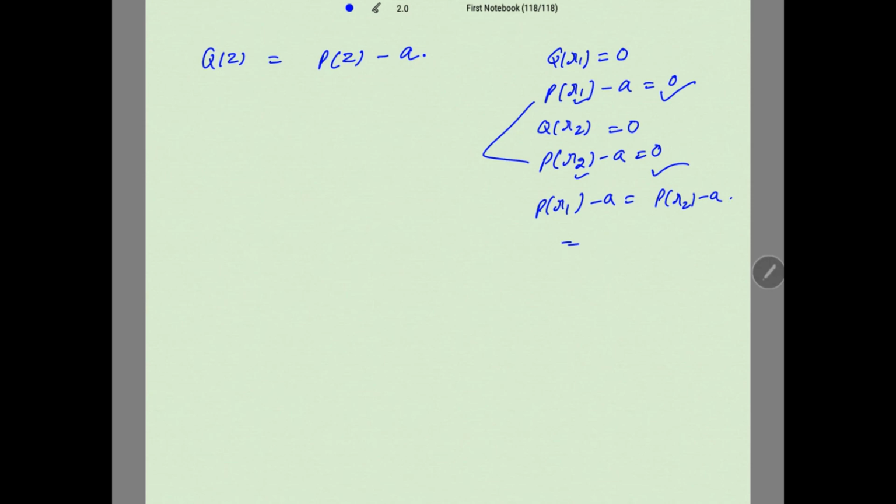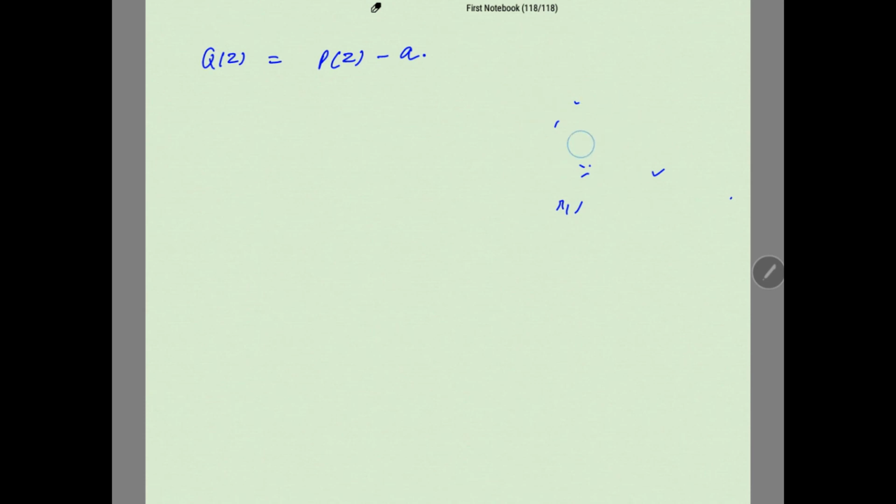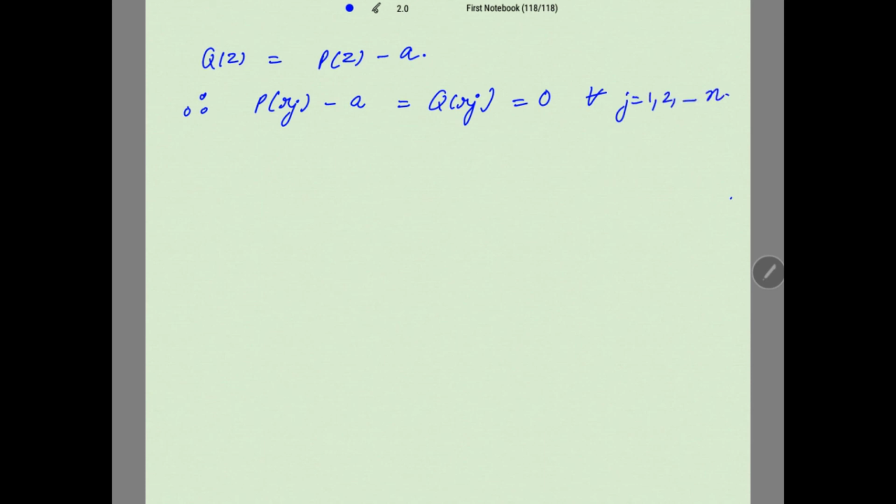So I take this index 1, 2 as j. I select a variable for them. So I write P(rj) minus A is equal to Q(rj), right? Which is equal to 0 because rj is a root of Q(z) for all j equal to 1, 2, 3 up to n.